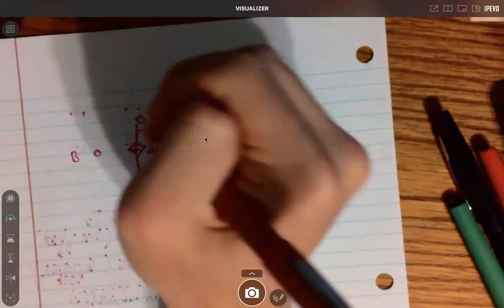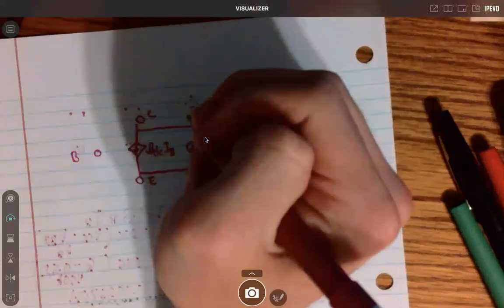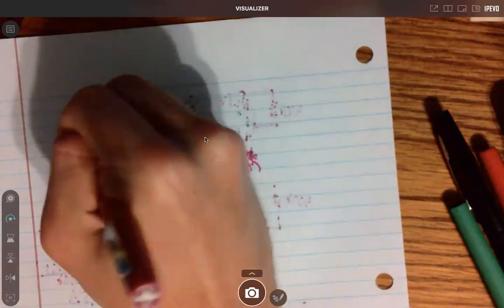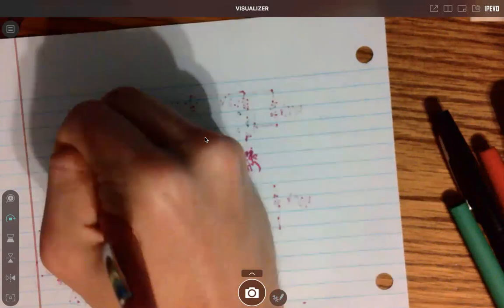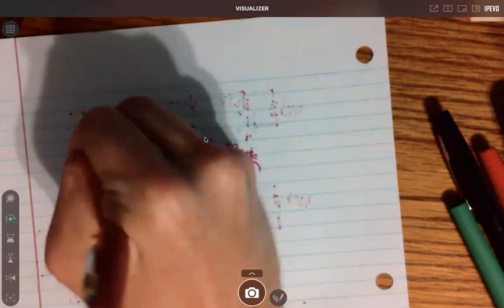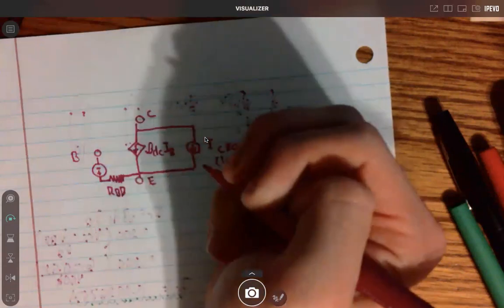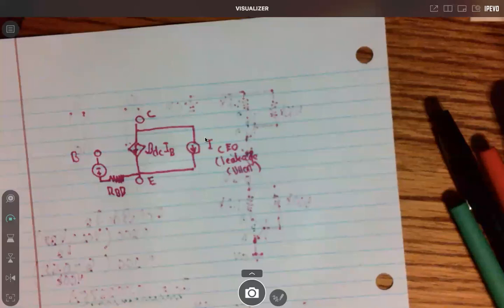Within our diode drop, between our base and emitter, there is a diode drop. And then there is some resistance due to the contacts, but we usually ignore the resistance due to the contacts. That's usually written as RBB, but we neglect that the majority of the time.